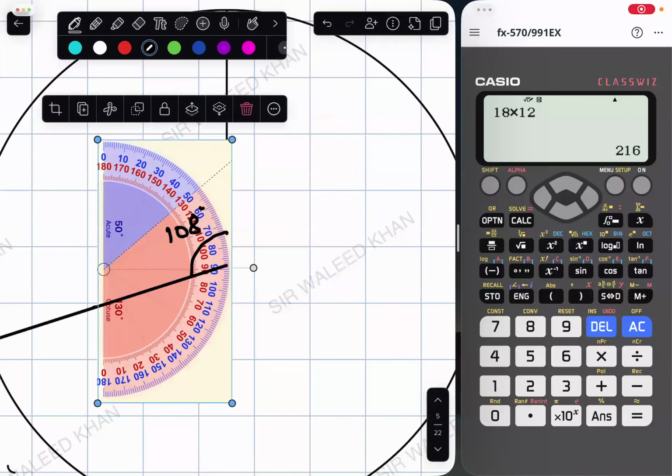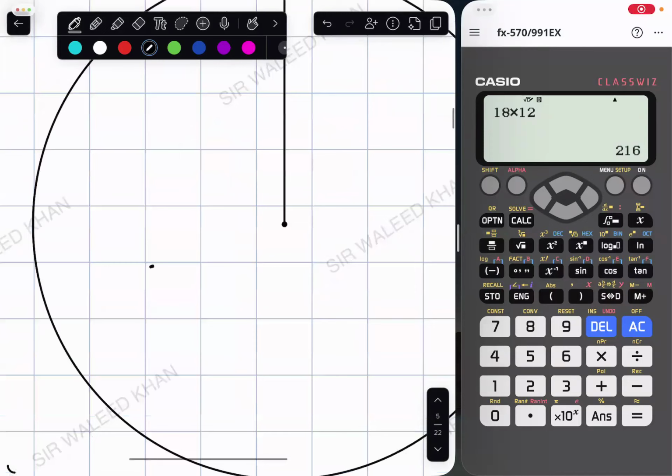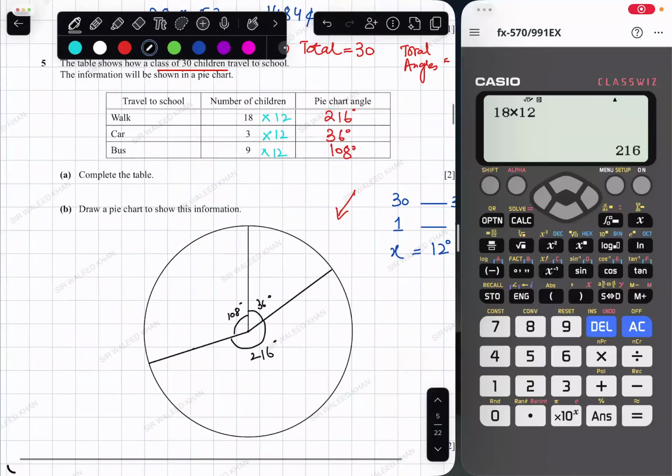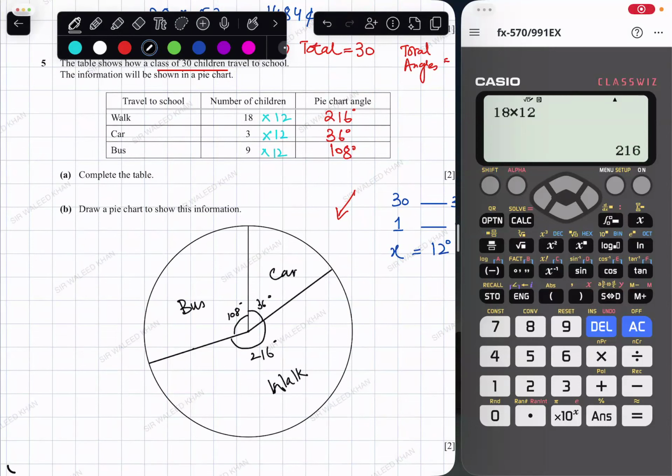Okay, I guess it's attached to it. So you got the idea, right? The same way you are going to measure this one. Let's say this is 36, like this. And then this angle, which is greater than 180, will be representing 216. So like this. Now, just label them as well, that this much students walk, this much use a car, and this much goes by bus. Okay. Moving on to the next.